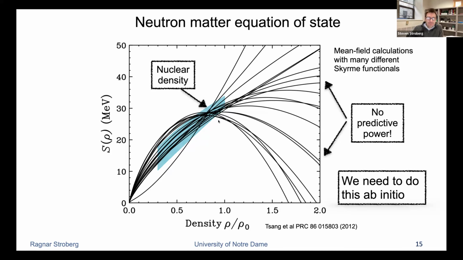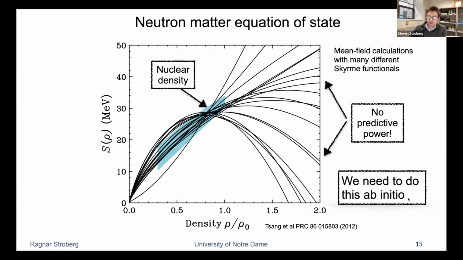And you can see that right around here, 1 or just below nuclear density, they all agree because they all are tuned to reproduce nuclei. But once you get out to where things become interesting, you have absolutely no predictive power. You can get any answer you want, which tells you that just fitting to nuclei doesn't actually constrain this.